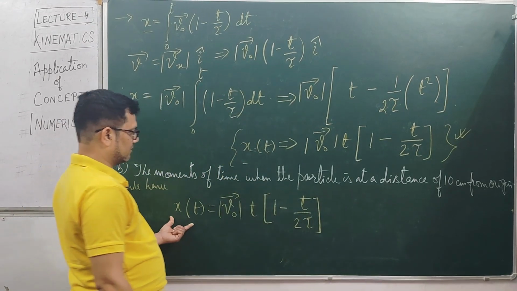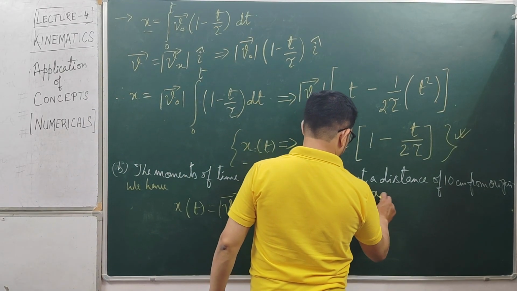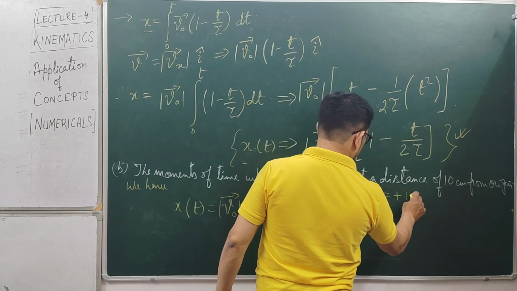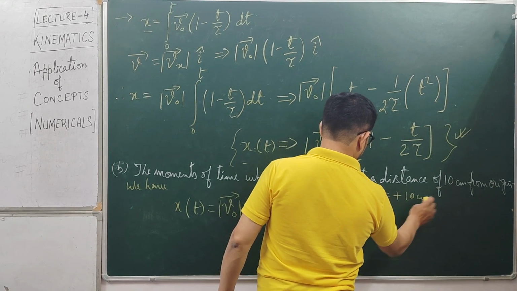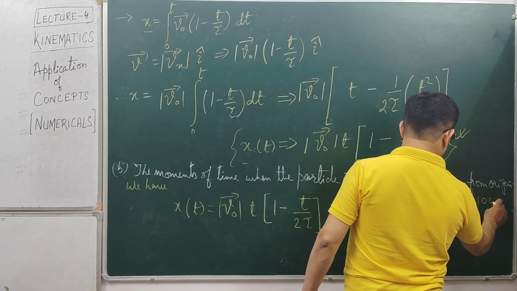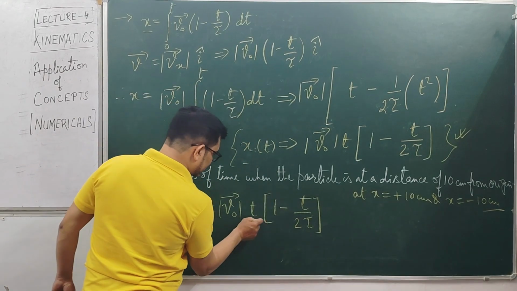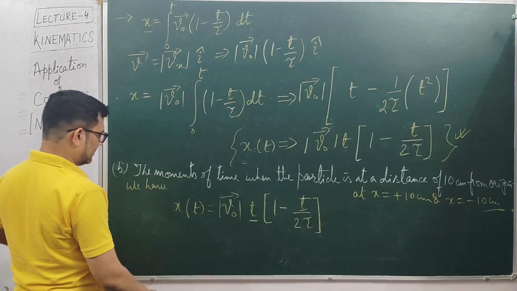Now, this is given. So at x equal to plus 10 centimeters we'll find the time, and at x equal to minus 10 centimeters we'll find it too. We'll put the values in and make time t the subject of the equation.